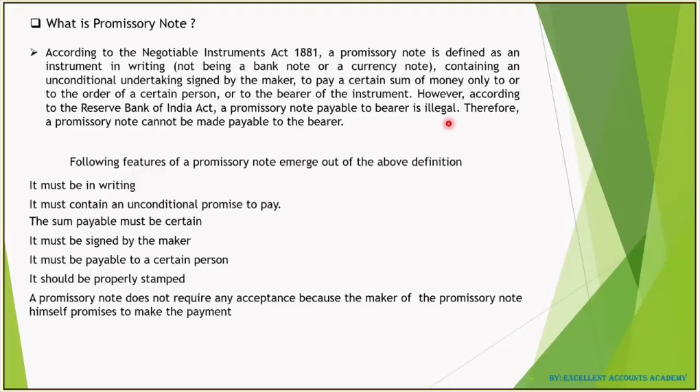In the bills of exchange, acceptance from the drawee is a prerequisite, but in the promissory note no acceptance is required, because the maker himself is drawing this promissory note, and he is promising that he will make a payment to a certain person on a given date for a certain sum of money.